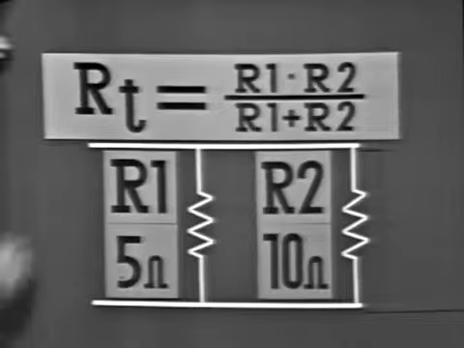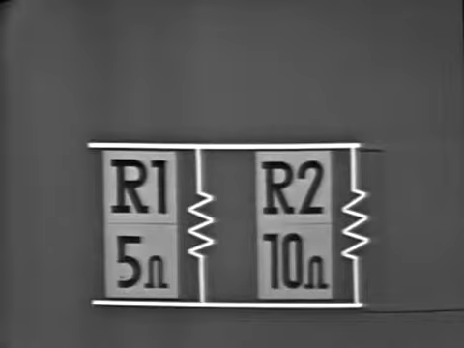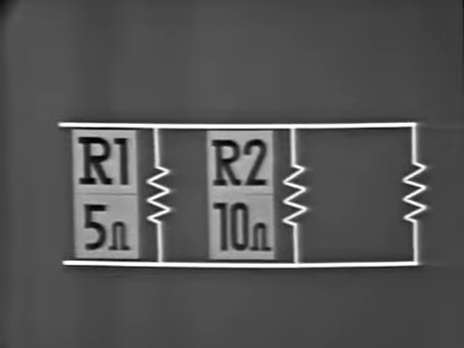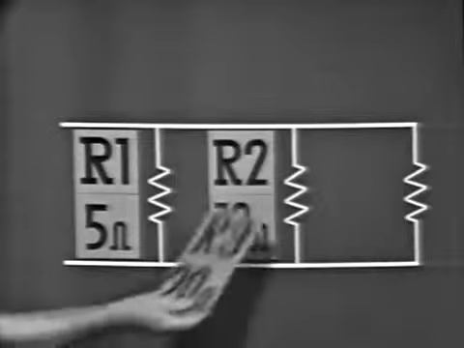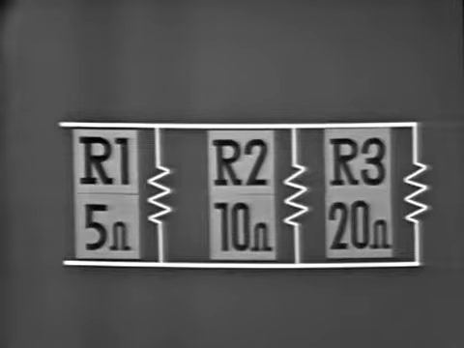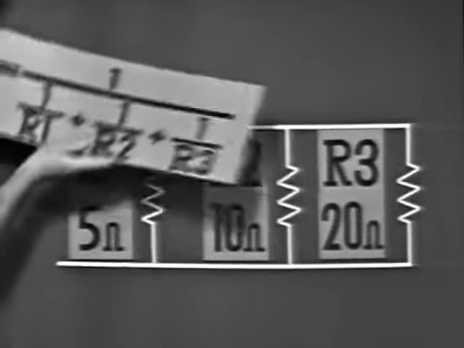Now, in some cases, there may be more than 2 resistors in the circuit, like this. So let me add a value for the 3rd resistor. Let's make R3 20 ohms. Now, when you're working this type of circuit, you use a reciprocal formula.